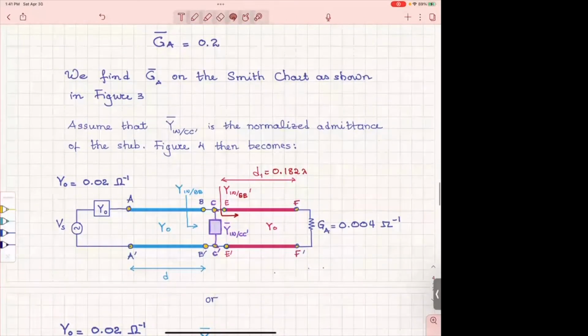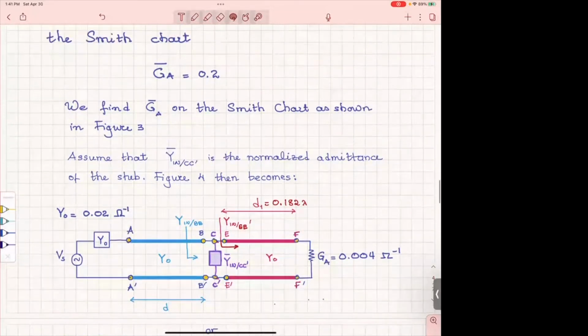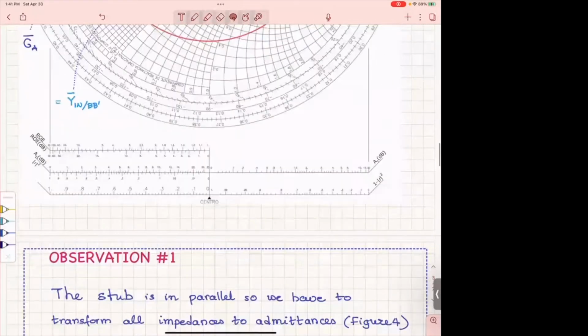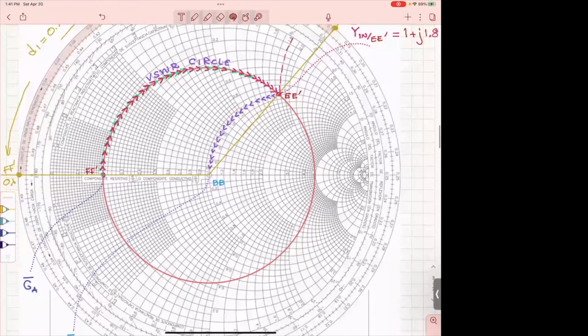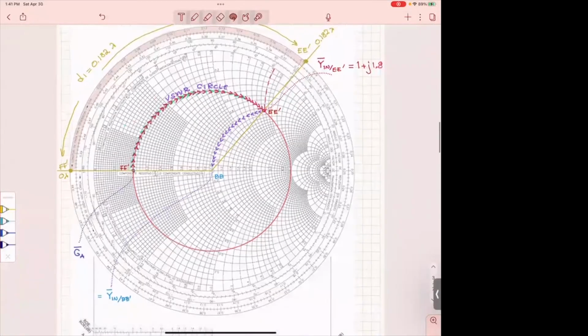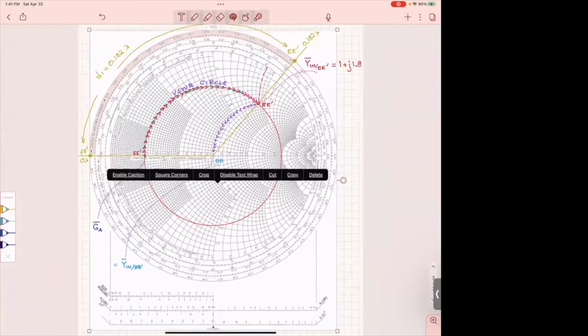I need to remind you, we normalize the GA and then we find it on the Smith chart. So I'm going now to the Smith chart here, and we find where GA is. GA normalized is a real number.